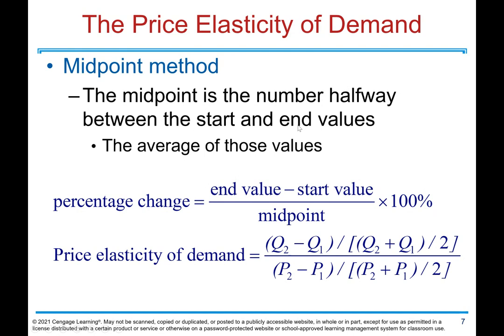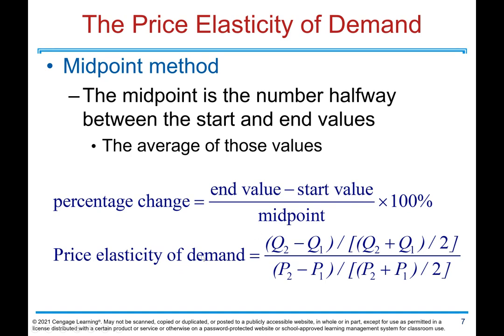It's an improvement. The midpoint is the number halfway between the start and end values, the average of those values. So percentage change is equal to end value minus start value divided by the midpoint, times 100.